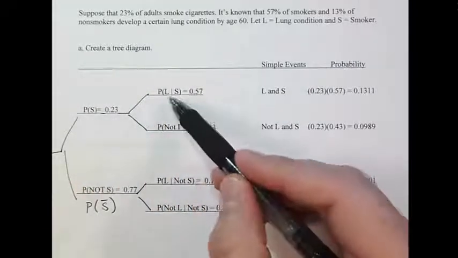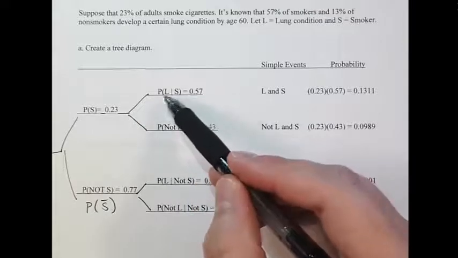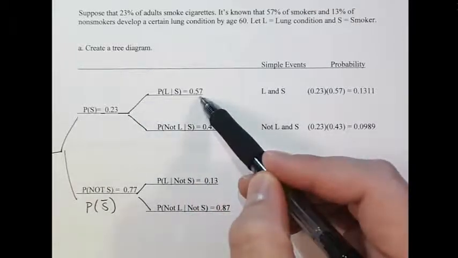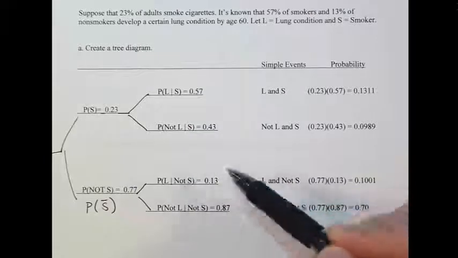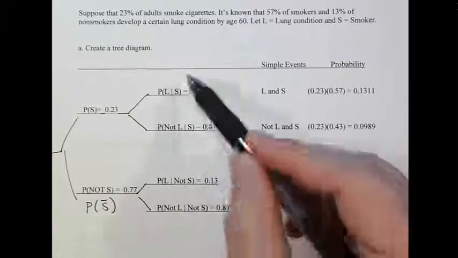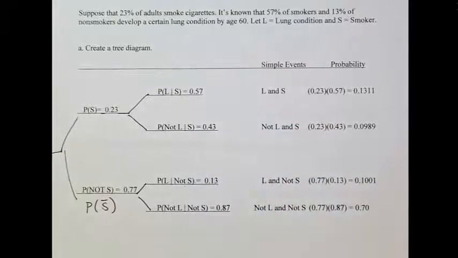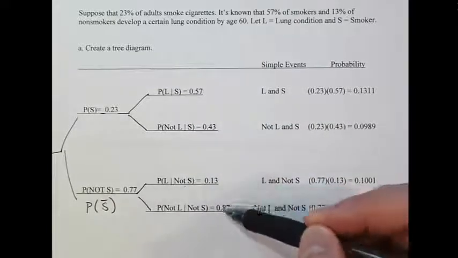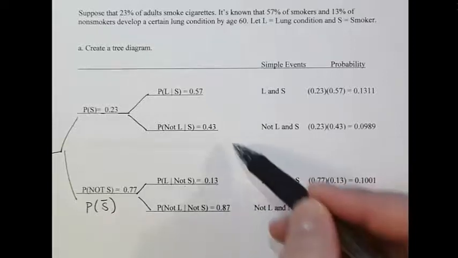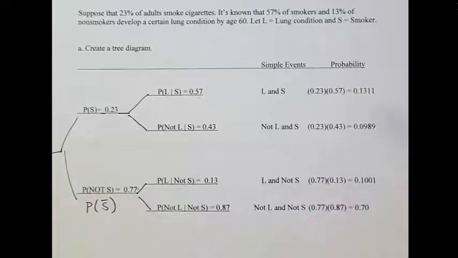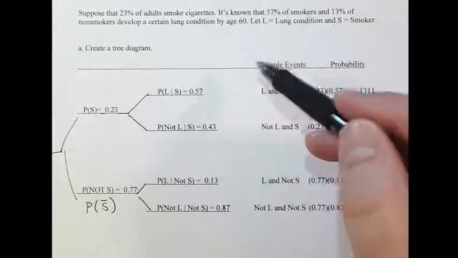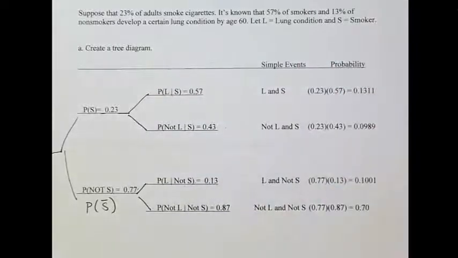So that means, given that they're a smoker, they have this particular lung condition 57% of the time. Given they are not a smoker, they have this lung condition 13% of the time. And again, each branch, 57 and 43, 13 and 87, sums to 100%. I'm not told these other numbers, but by just subtracting from one, I can fill in the entire tree.